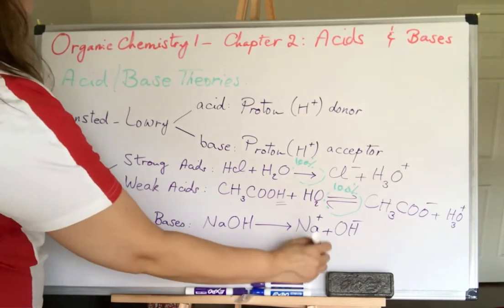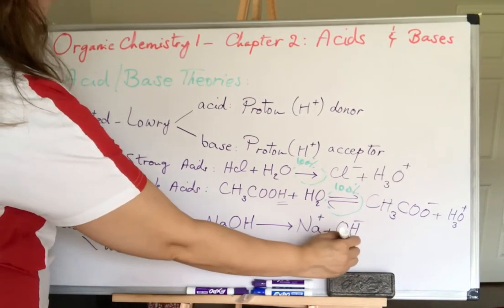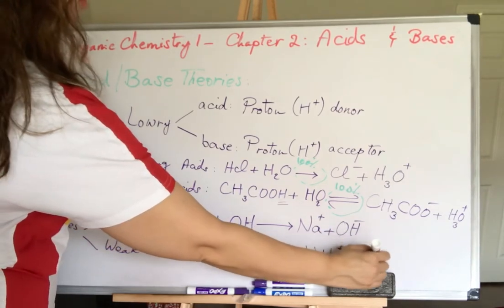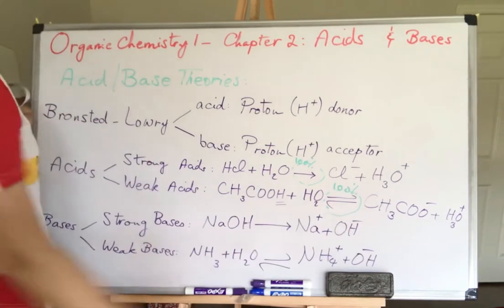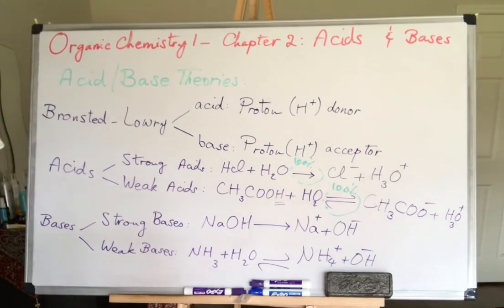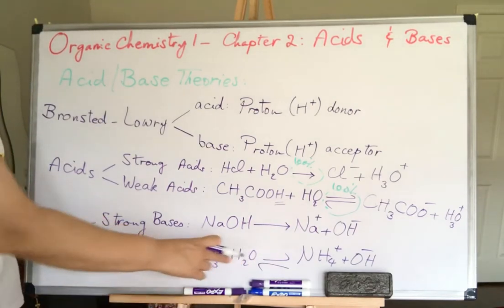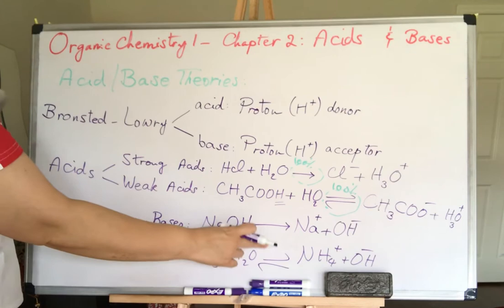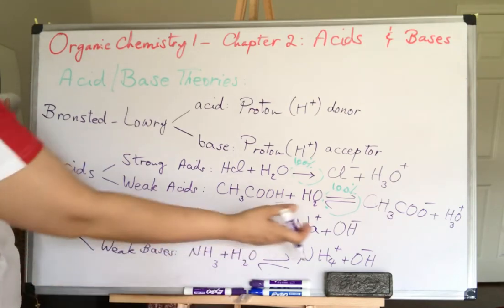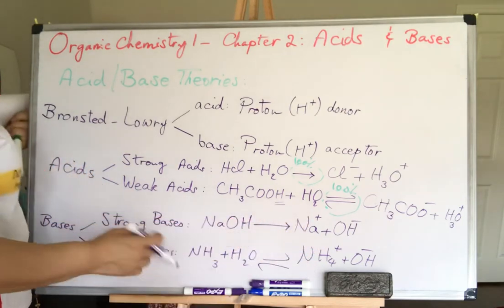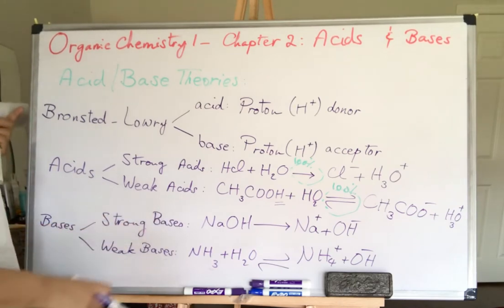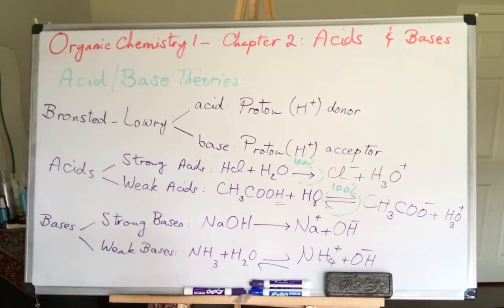So it's going to be NH4 plus OH negative. So you see in both, the product is OH in the solution. And again, the weak base is not completely dissociated. So a part of NH4 and OH will go back to formation of ammonia and water.